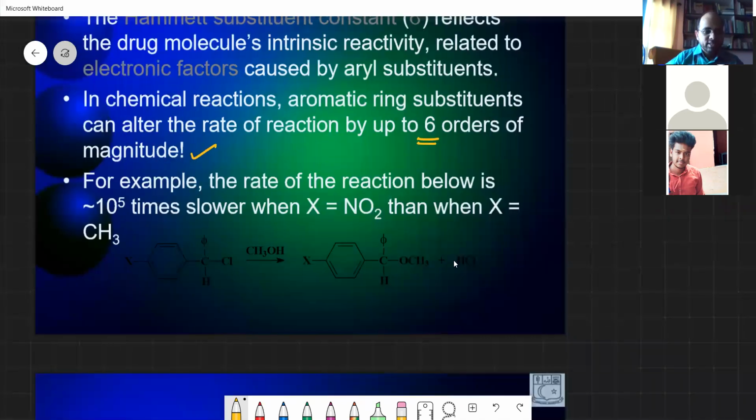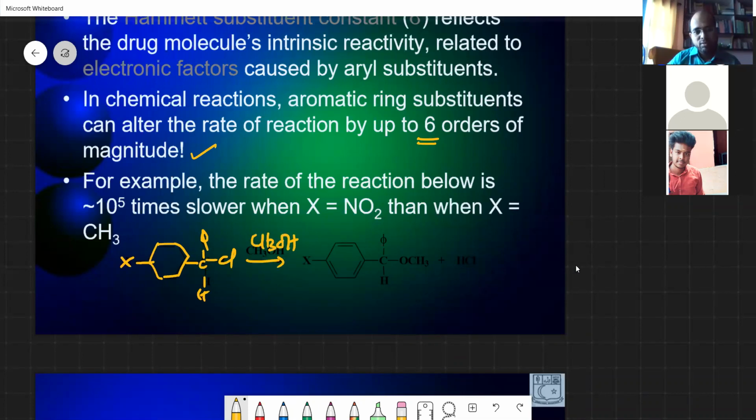I'll just draw it here. So here is the X. So it's methylation, CH3, so you get OCH3 here. When X equals NO2 and X equals CH3, the reaction rate differs by about 6 orders of magnitude.